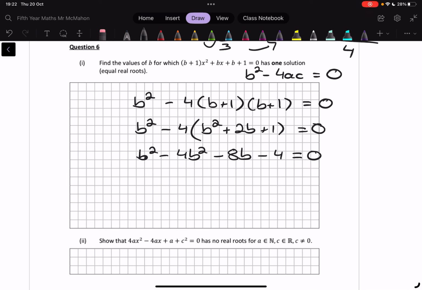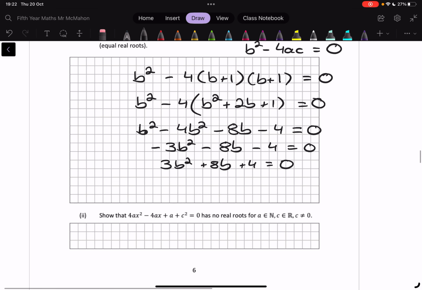So our next line: b² - 4b² - 8b - 4 = 0. Okay, we can move forward with this one, -3b² - 8b - 4 = 0. If we multiply across by -1, just to make our equation a little easier to deal with, we're looking for two numbers that multiply to give us 12 and add to give us 8. Those two numbers would be 6 and 2.